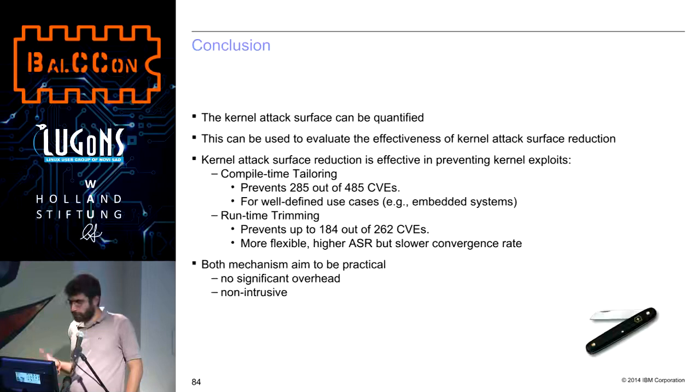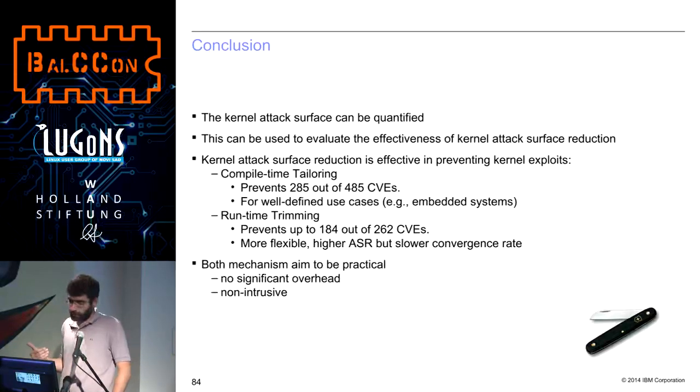We've also seen that the kernel attack surface reduction techniques that we looked at are effective in preventing kernel exploits. So for instance, for compile time tailoring, with the attack surface reduction that we looked at, you would prevent about 285 out of 485 relevant CVEs within the ISO security model, and of course, for well-defined use cases.